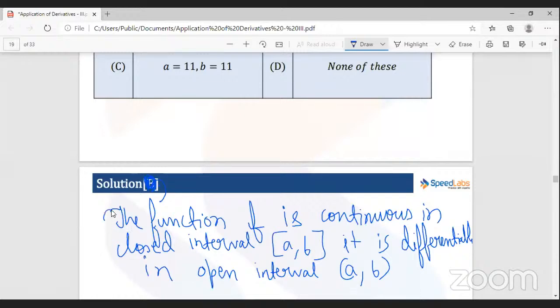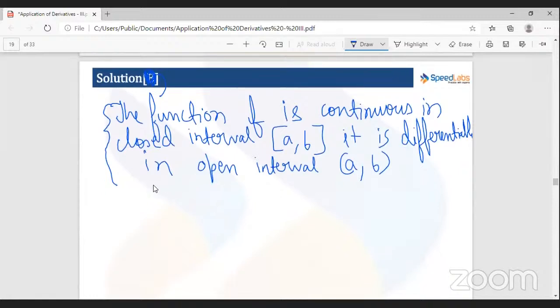These are the conditions. And the third condition is if f(a) equals f(b).